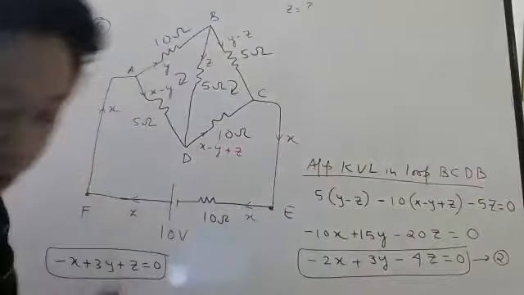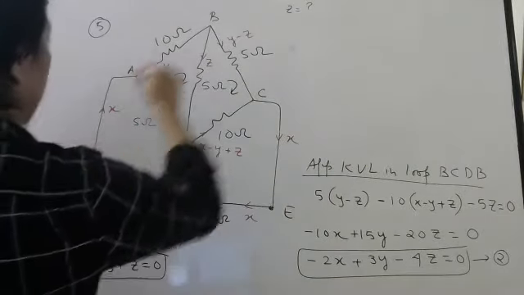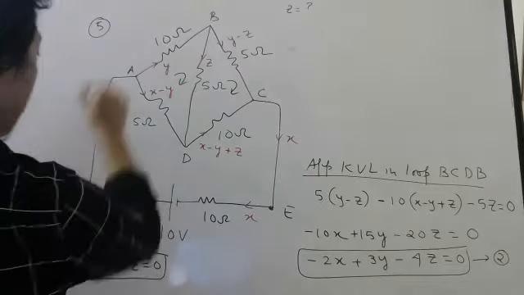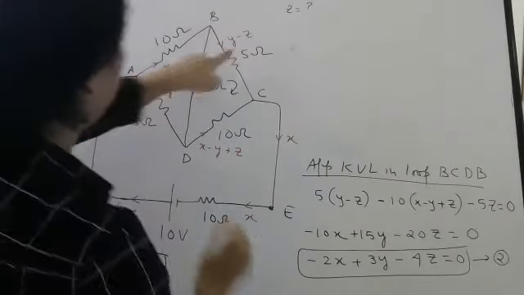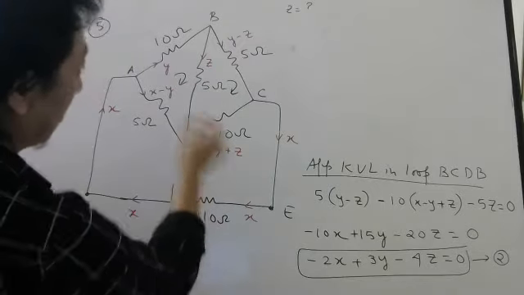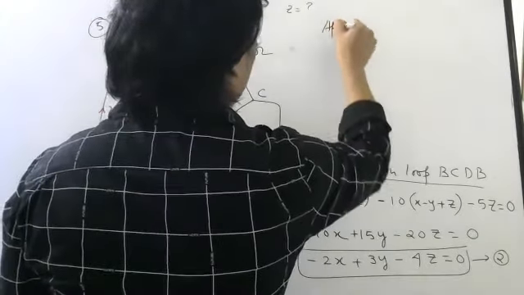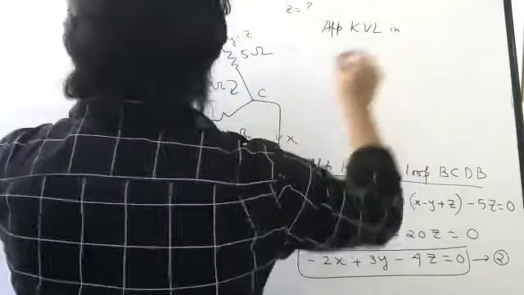For the last loop, you can choose this loop with the battery, this loop, or this loop. I will choose this one, because I can see Y minus Z here. Here not too many things are there, so I don't want to come here. So applying KVL in which loop?